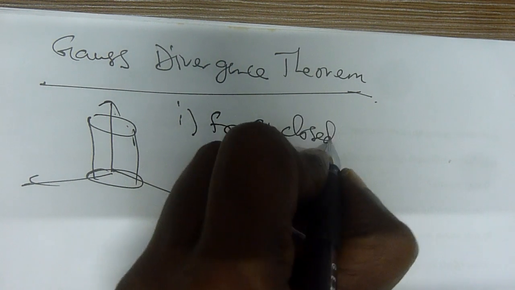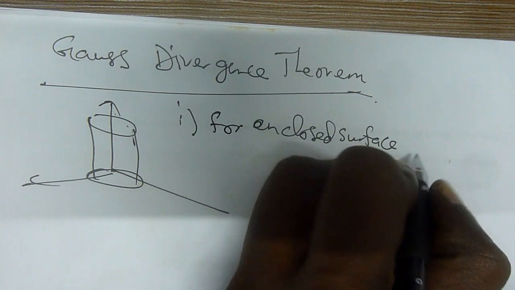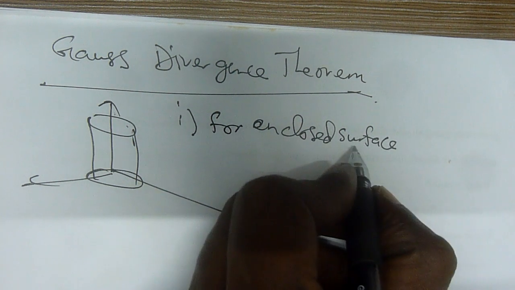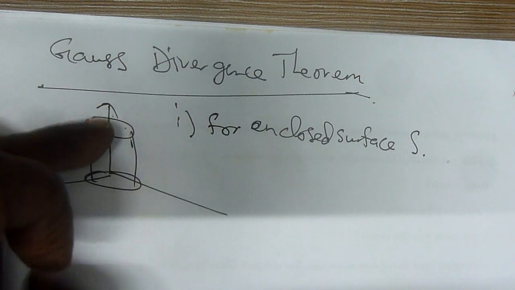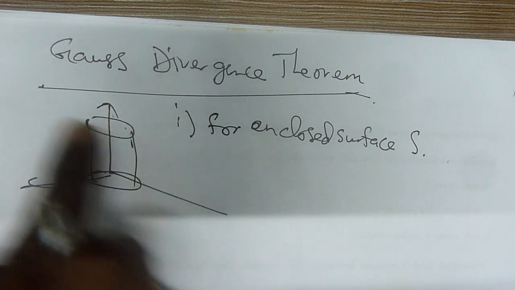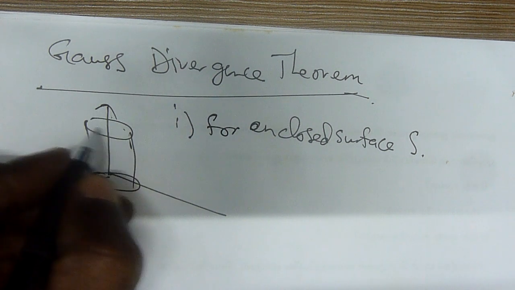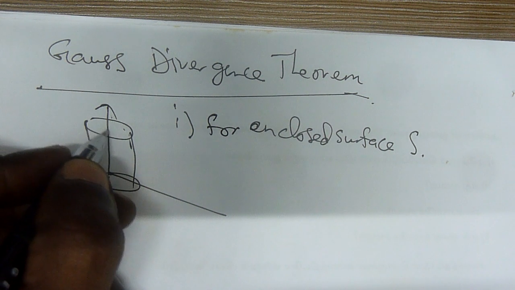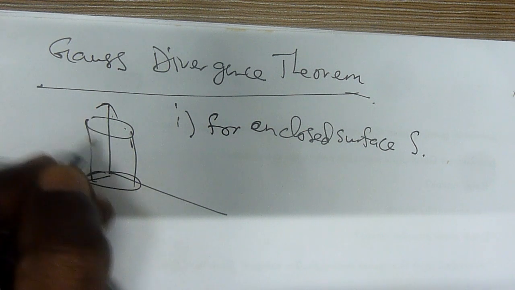This is very important. Enclosed surface S. That means it's closed everywhere, wherever you touch, it must be all closed. It should not be any open kind of surface. There might be a lid here, then it cannot be open. You need to make sure everything is closed.